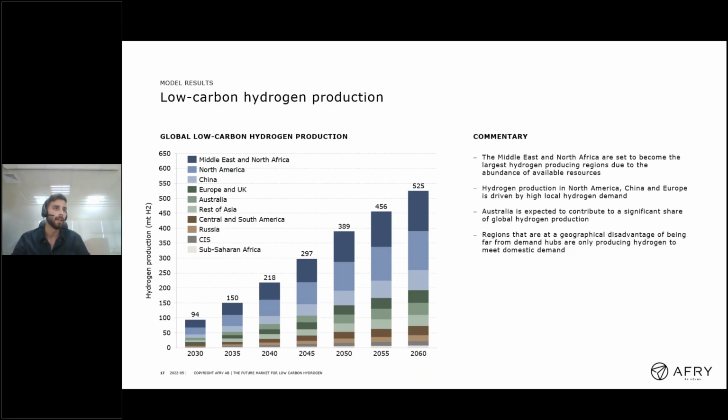And then finally, we have the remaining regions where they have a certain disadvantage when it comes to hydrogen production, whether it's the lack of available resources, land area, or the high production costs for hydrogen. So consequently, these regions don't produce as much. They generally produce enough hydrogen to meet local demand, but do not actually participate in the export market.